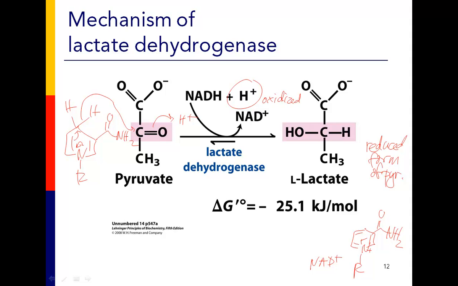So what would happen if we were exercising vigorously, so sprinting? So how much ATP do we get from our muscles from glycolysis? Just a little bit. What would happen if we didn't get rid of the pyruvate, but also didn't have enough oxygen to continue on to the citric acid cycle and respiration in the mitochondria?